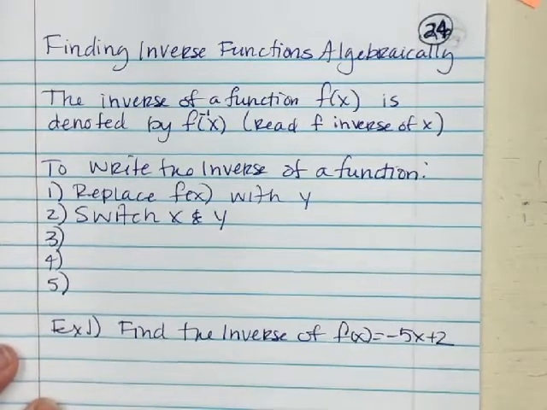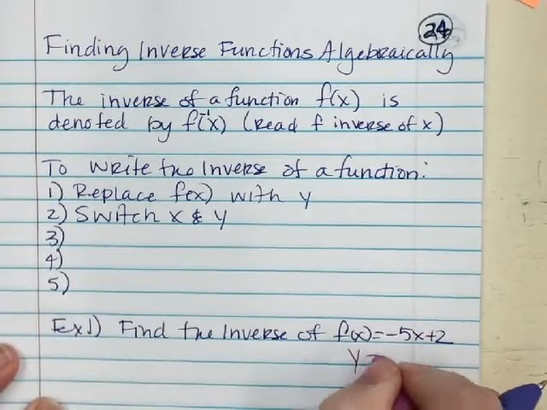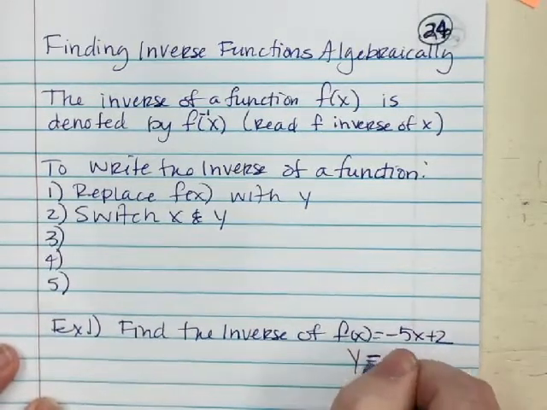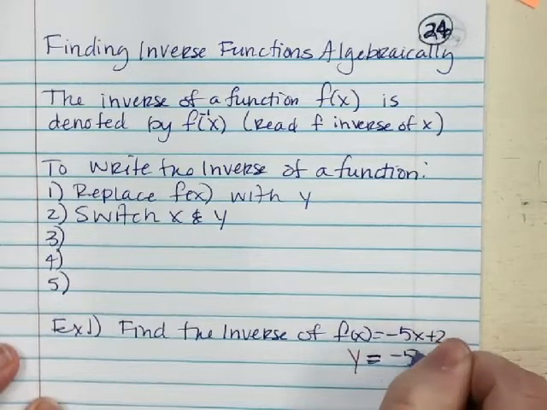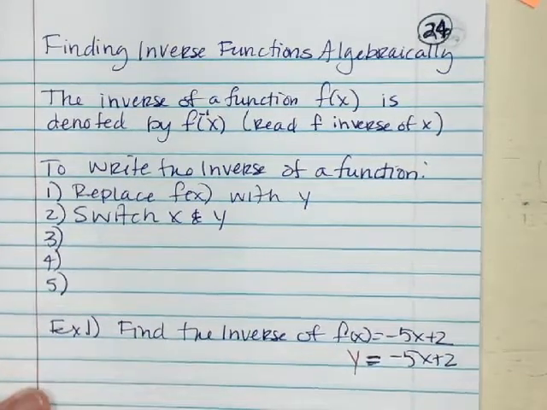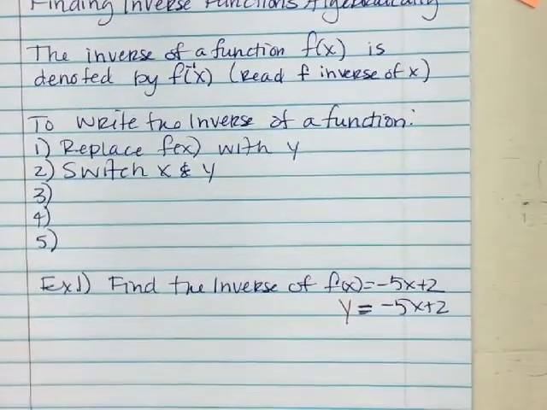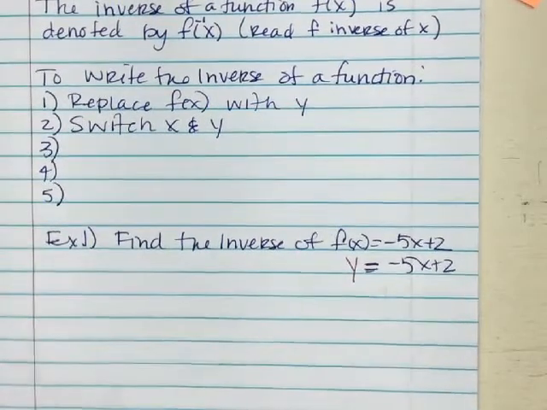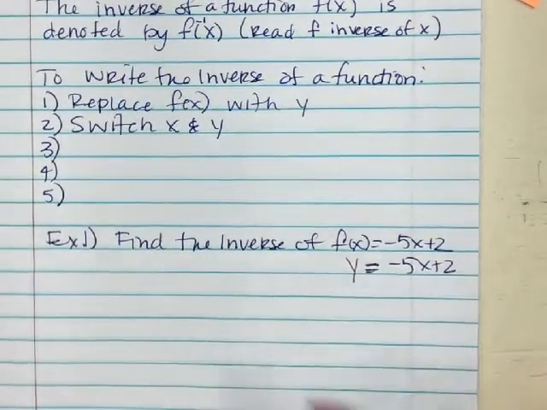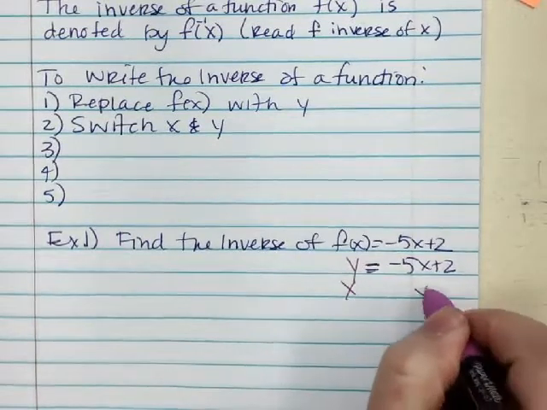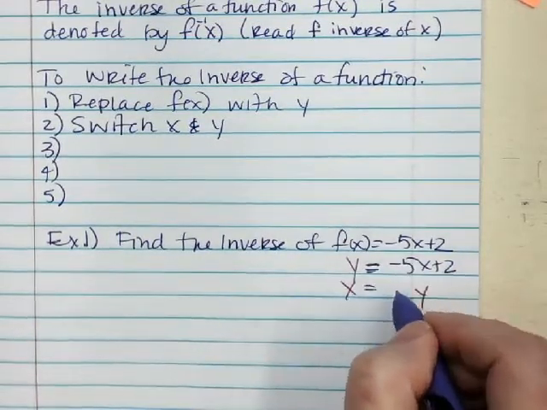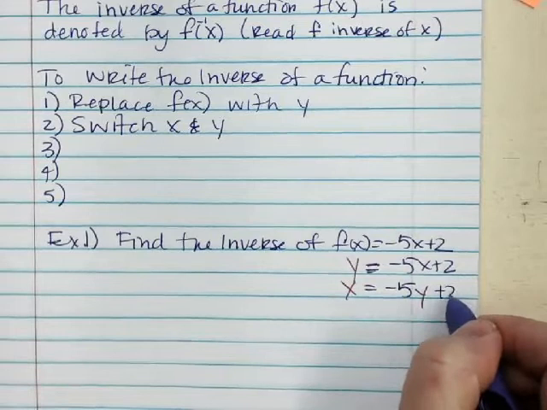So I'm going to switch the f of x to a y. I'm going to highlight what I'm doing here with a different color. So that's y equals -5x plus 2. And then I'm going to switch the x and the y, so x here and y here. So x equals -5y plus 2.